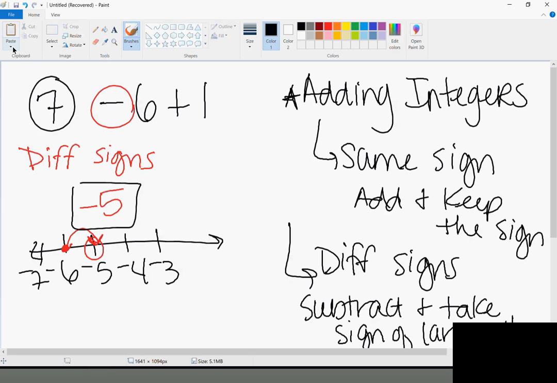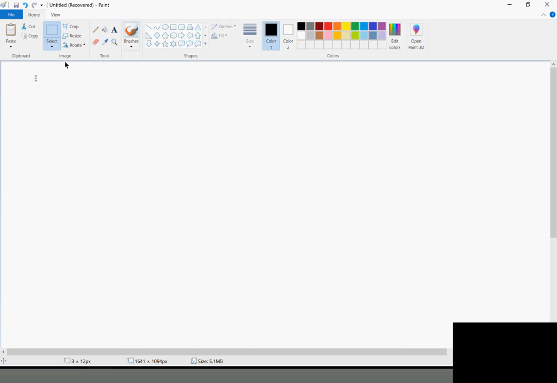All right. The next one, we're going to divide or multiply. So number 8, we've got negative 12 divided by negative 3.